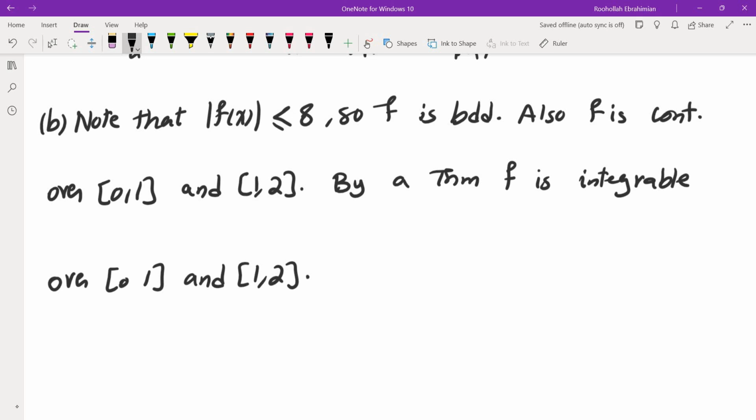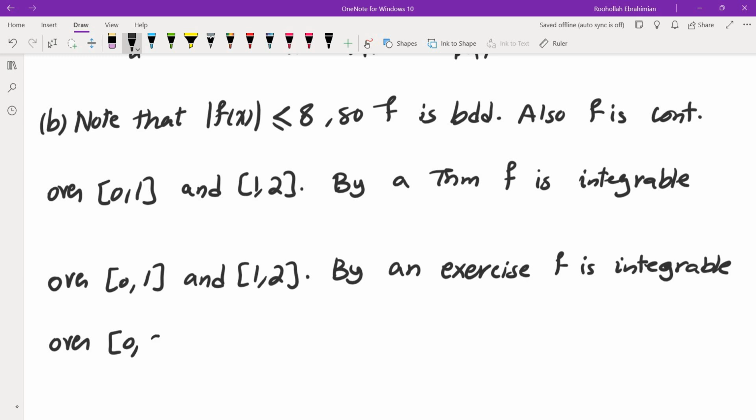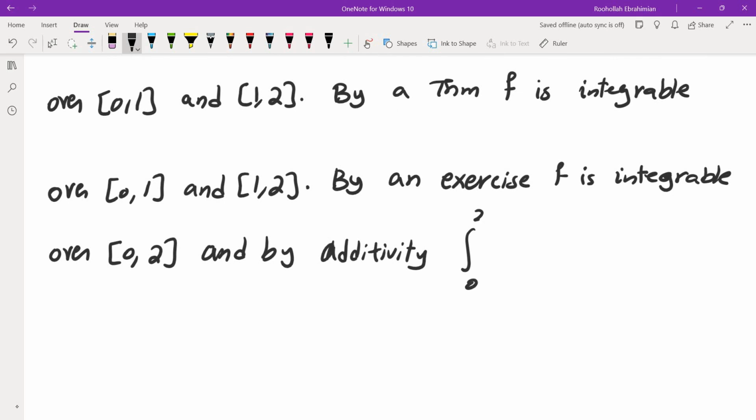By an exercise, f is integrable over 0, 2, and by additivity, the integral from 0 to 2 is equal to the integral from 0 to 1 plus the integral from 1 to 2.